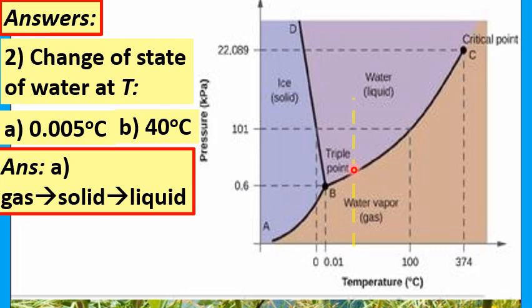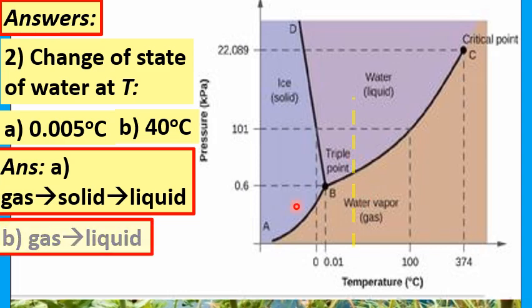Then, at a pressure higher than 0.6 kilopascal, all the way to 22,089 kilopascal, you'll notice that water undergoes a phase change from gas to liquid. So our answer is water changes from gas to liquid at this fixed temperature of 40 degrees Celsius.